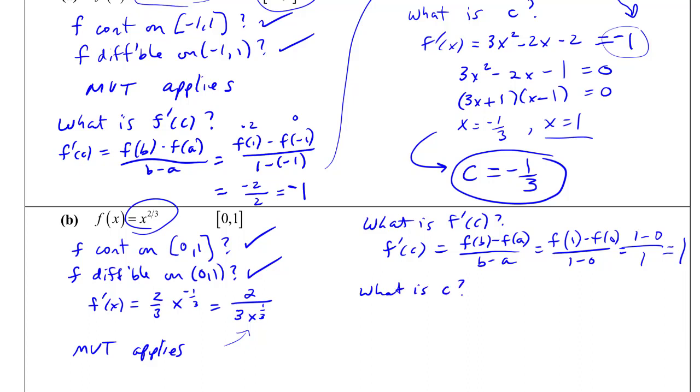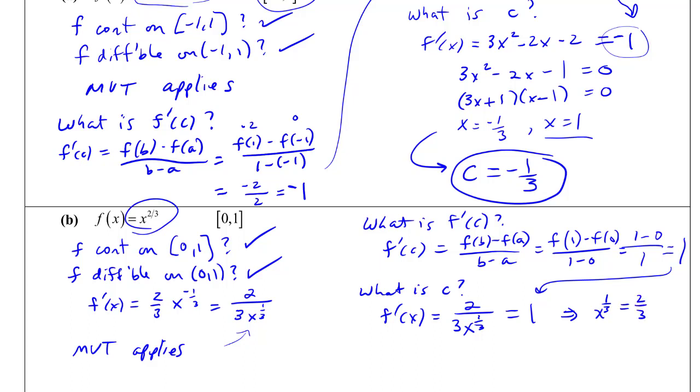What is C? Well, now I take this derivative that we found before, 2 over 3x to the 1/3. I'm going to set it equal to the 1 that I just found. Okay, so that's going to tell me that if I start to simplify this, I would get that x to the 1/3 is 2 over 3.